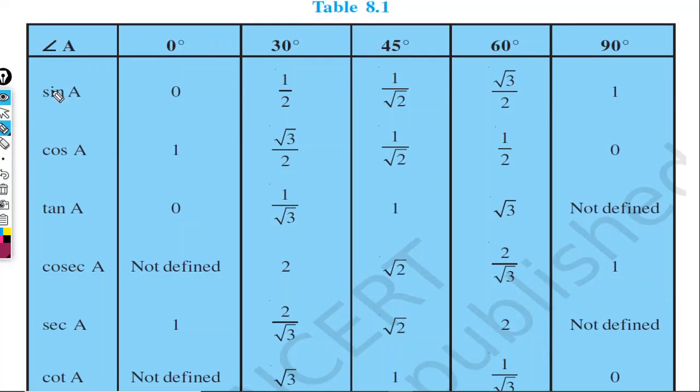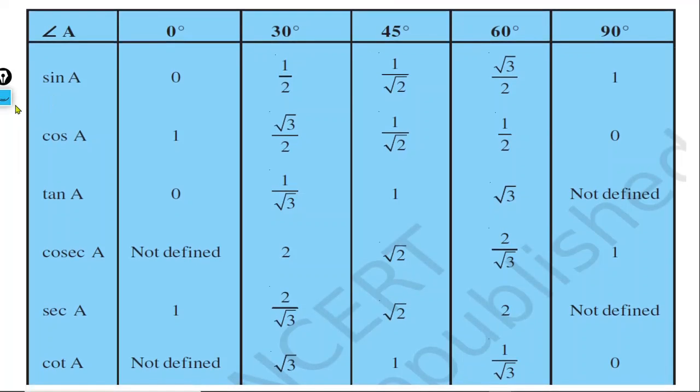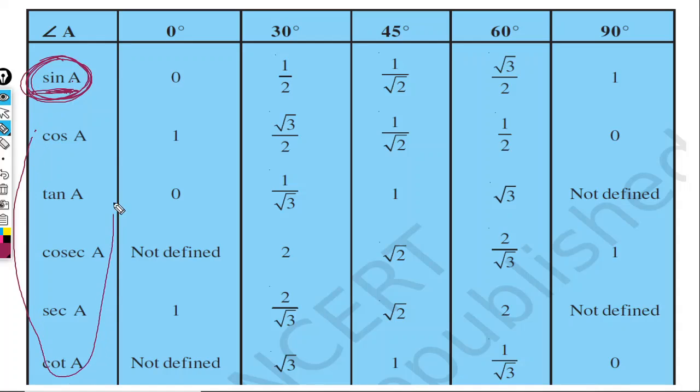In this table you can see all the ratios, from sine to cot and from 0 degree to 90 degree, and there is a very beautiful and very short method to memorize all these. You only need to memorize sine. If you memorize sine A, then all the ratios you can memorize. So see how.